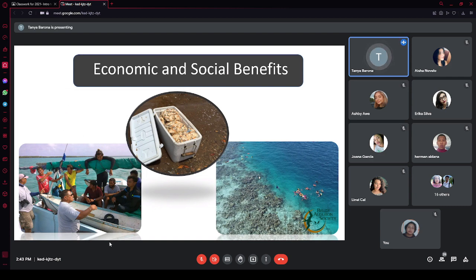It won't be as vibrant, as colorful, and people will eventually stop coming, because why would I pay 100 US or something to go out and see dead corals? So we all have an important role in protecting these areas and keeping them healthy. And I hope everyone understands that.